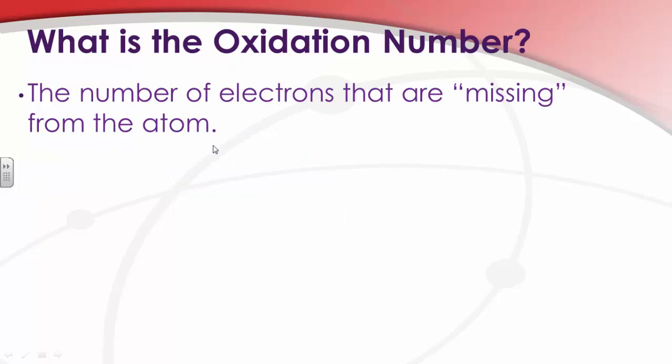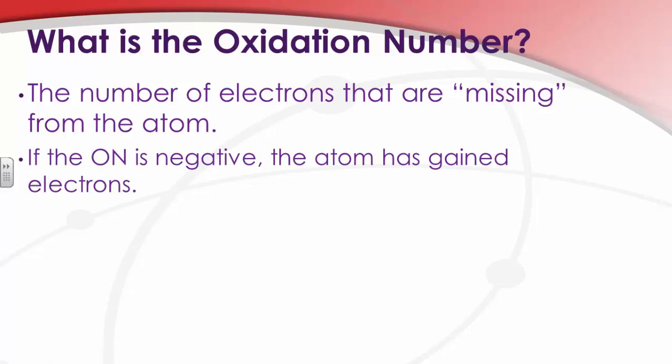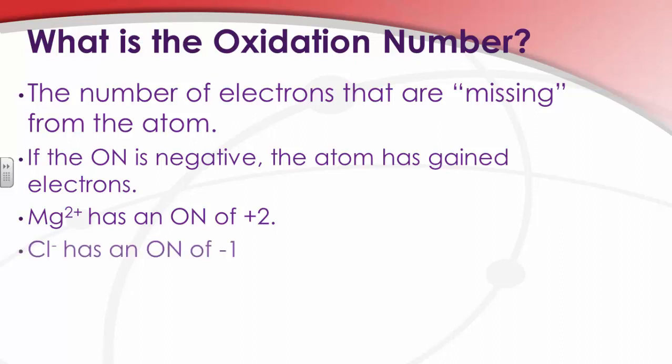Okay, so the oxidation number is the number of electrons that are missing from an atom. If it's negative, the atom has actually gained electrons. So if we take magnesium as an example, Mg2+ has lost 2 electrons. It has an oxidation number of +2.